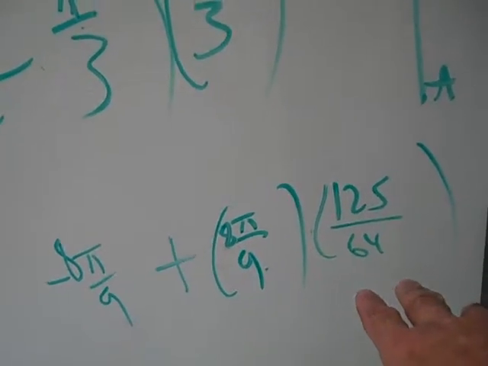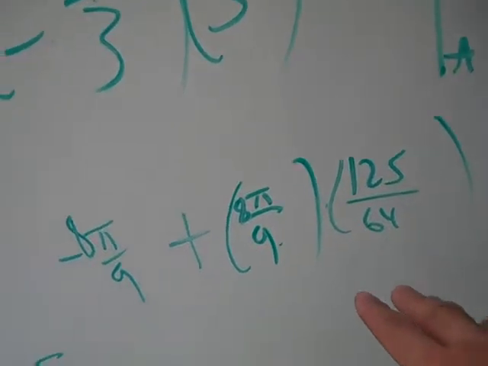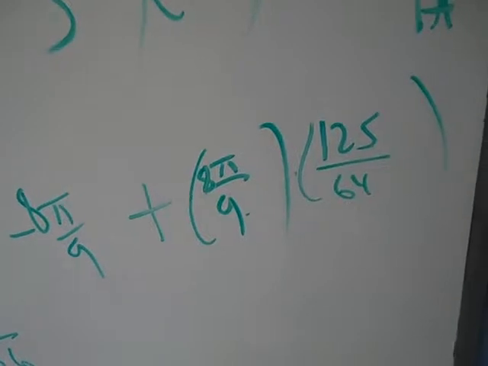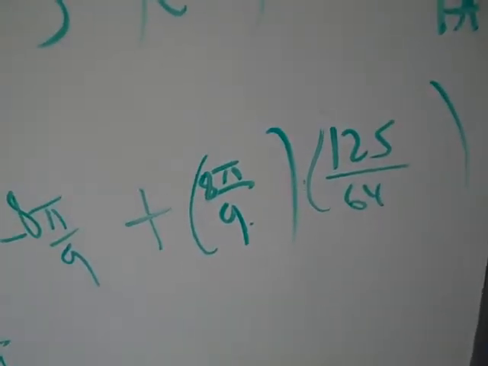Now when we perform this, the final answer is going to be 61 pi over 72, I think. Let me see. The final answer is 61 pi over 72.